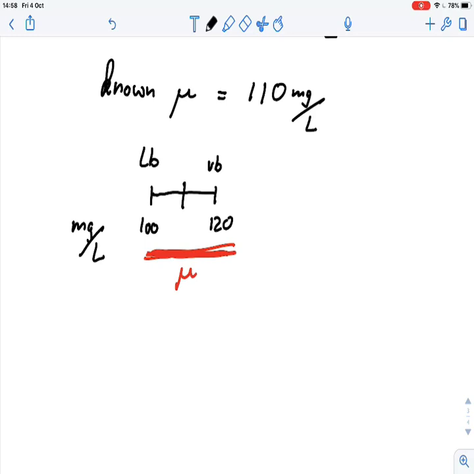So we predict the true population mean to be somewhere between 100 and 120. We find out that the known population mean is 110. Hey, cool. Nothing exciting. Let's go home. No. But it is fine. Life is good, and we don't have to worry about things. Make sense?